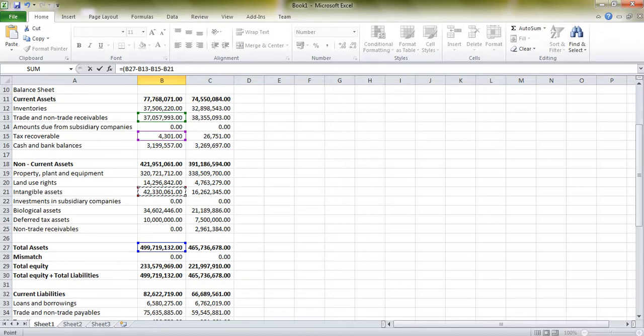Intangible assets as well. So you see it is lesser.